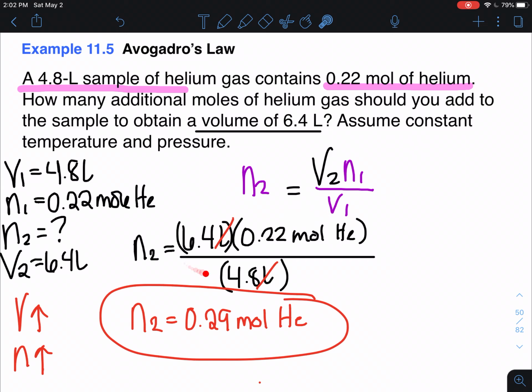And then when you plug in your known variables, make sure your units cancel appropriately. And then before you plug it in your calculator, get a feel for what you think is going to happen with your knowledge of the law. Again, we know that this is Avogadro's law, so we should assume that the number of moles will increase. And it turns out the number of moles do increase. So we did the problem correctly.